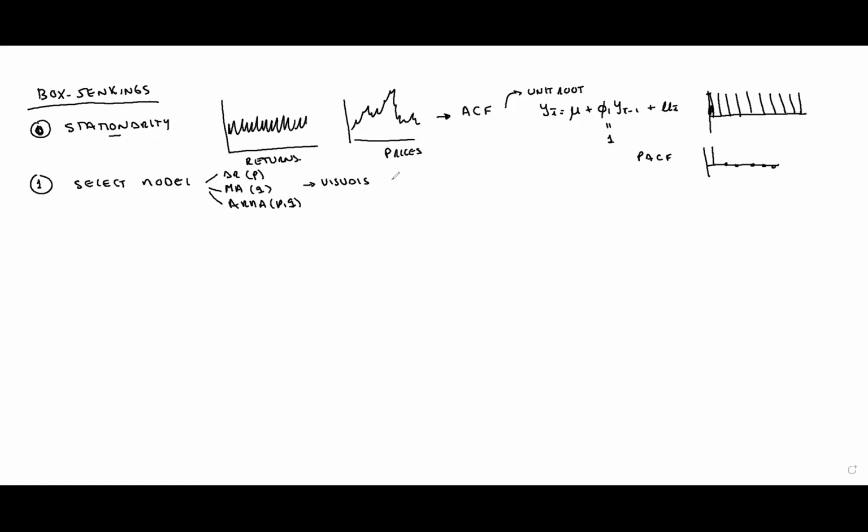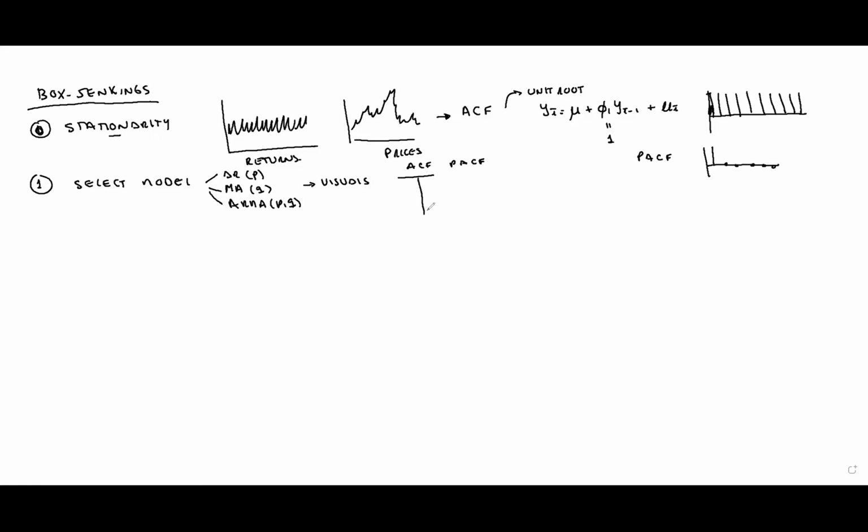Unfortunately, the visuals, guys, don't work in real life, but you know the visuals for an AR(p) process. How do you see an AR(p) process, guys, and how do you distinguish it from an MA(q) process? So, for example, let me delete this part here. For example, if I present you this graph, this is my ACF, this is my PACF.